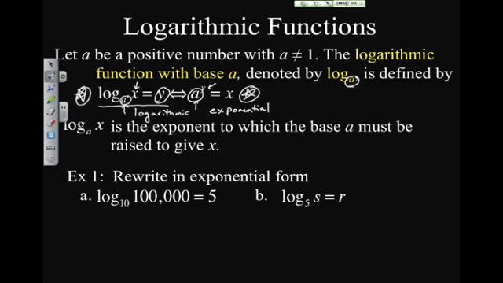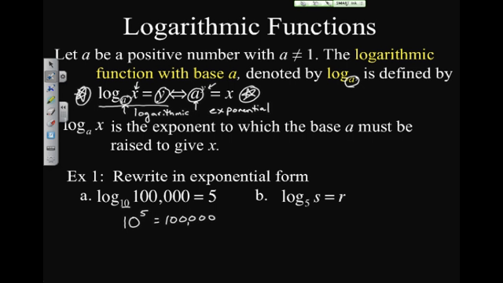So the first thing we always identify here, like in problem A here, is we want to identify the base. And the base is this number right here, it's 10. So then notice the 100,000 is by the 10 originally and the 5 is by itself. So when we rewrite it, the 5 goes with the 10 and the 100,000 goes by itself.